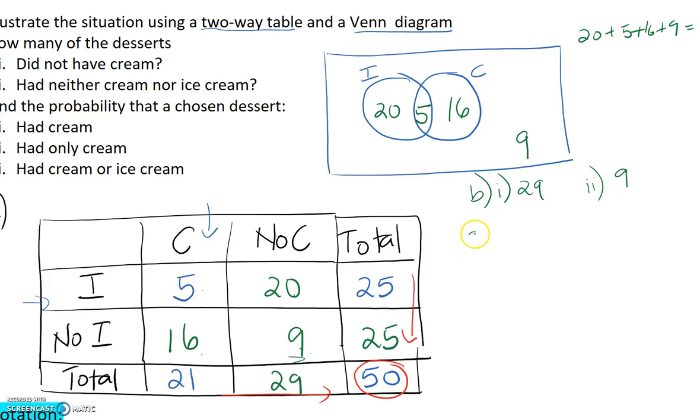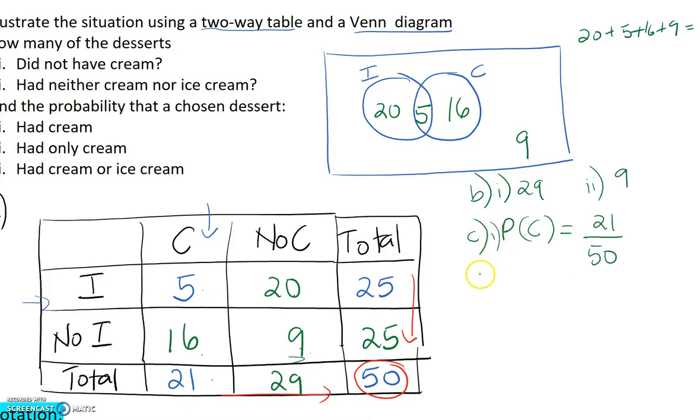Now the next part is where you have to find the probability. Find the probability that a chosen dessert had cream. So the probability of a cream is equal to however many people had the cream, a total of 21, divided by the full total, which is 50. Okay.